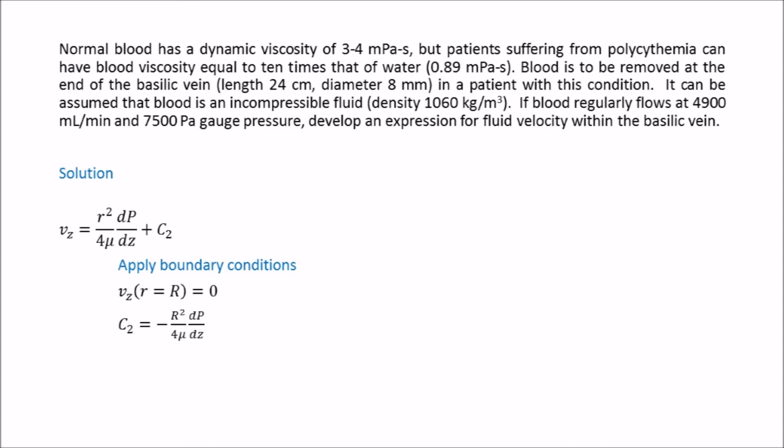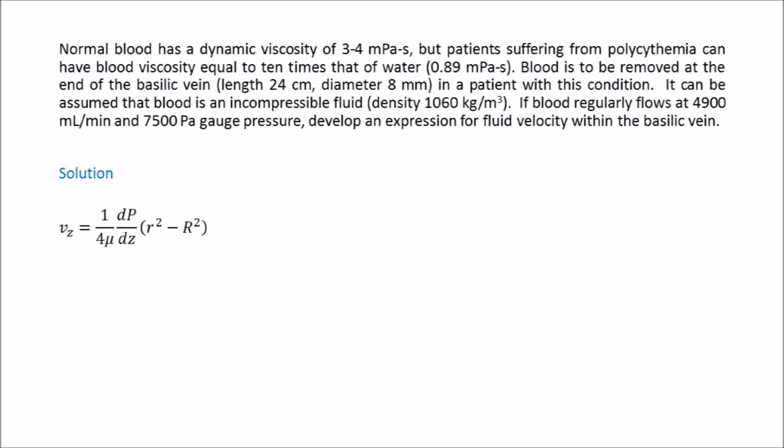This results in C2 being equal to the opposite of the first term in our expression for Vz when evaluated at the full radius of our vein. We substitute this into the expression for Vz. We can then simplify this expression and substitute our known values from the problem statement, which results in this general expression for fluid velocity within the vein.